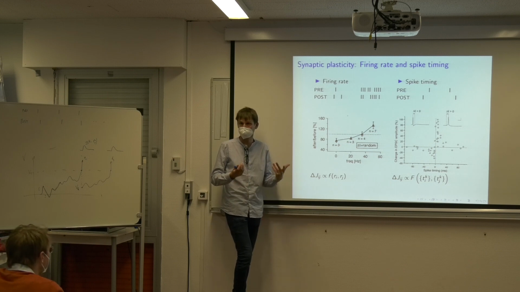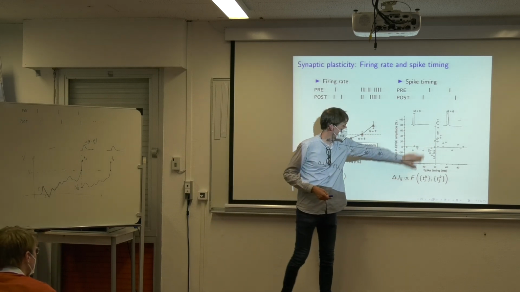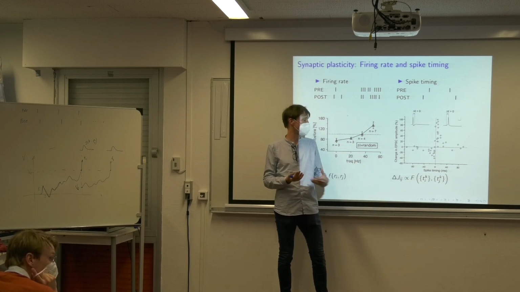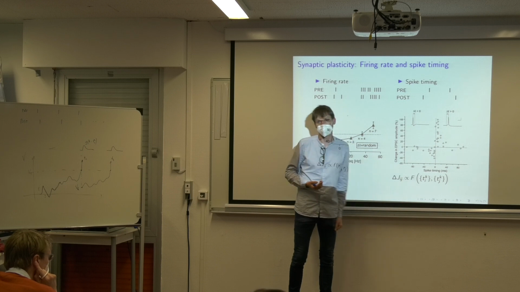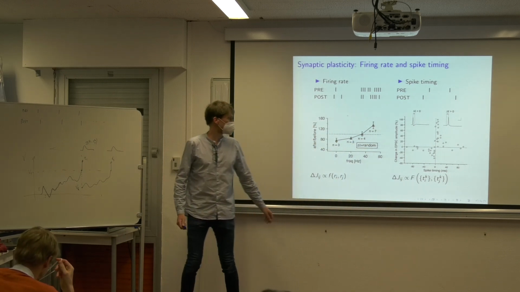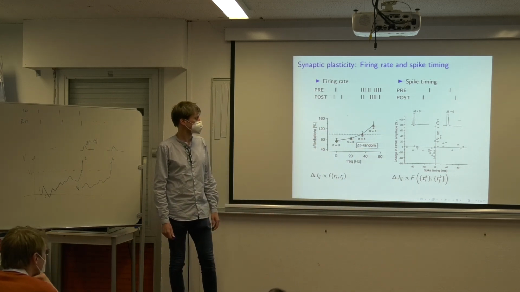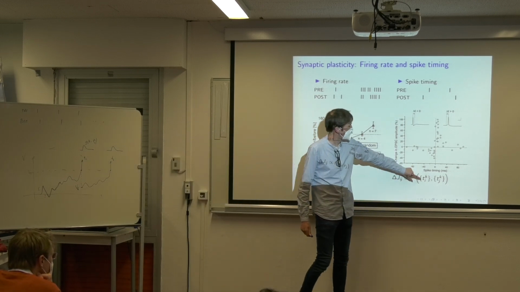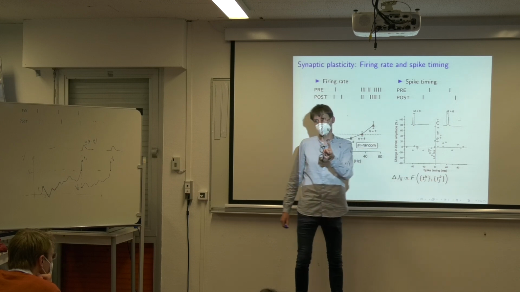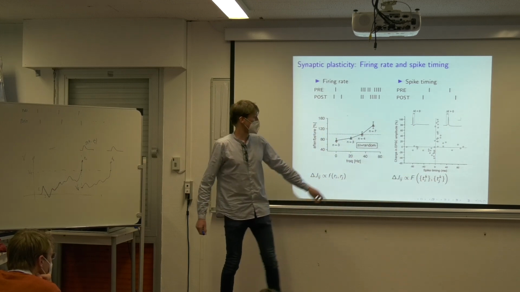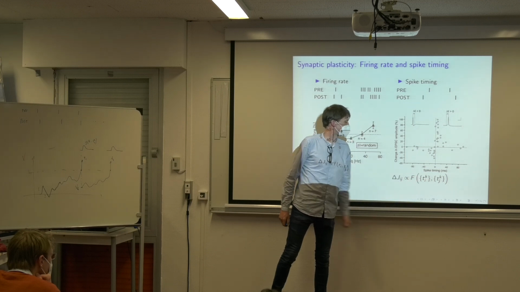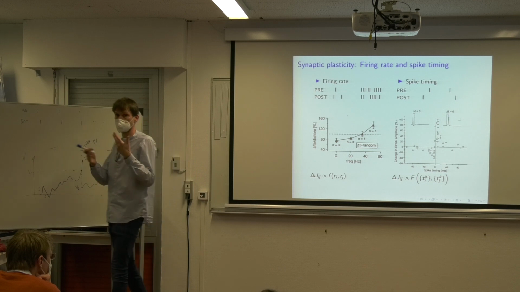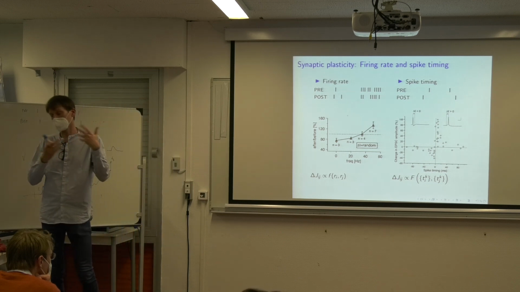On the right, you have rules where the basic variables driving plasticity are the spike times of neurons, t_i and t_j. A simple rule is one in which they depend on the spike times only through the differences between t_j^k minus t_i^l. But there are also more complex models that take into account higher order terms and so on.